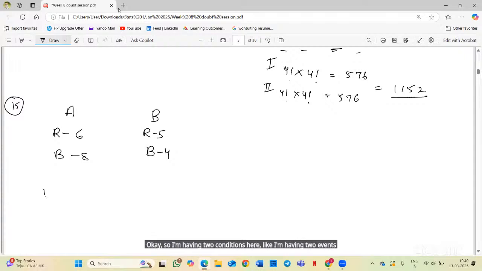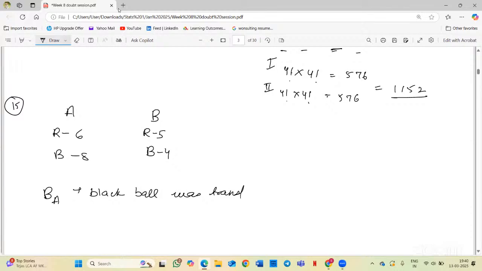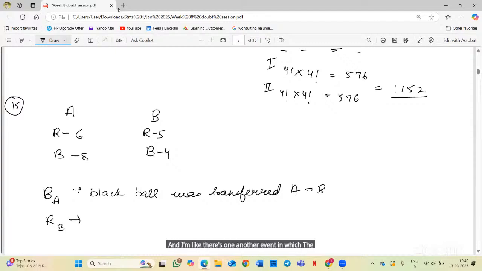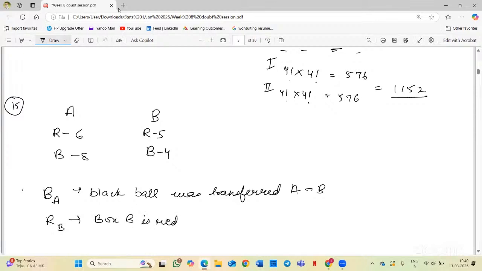I'm considering BA as the event that the black ball was transferred from A to B. This is my one event. Another event is that the ball chosen from box B is red. These are my two events.